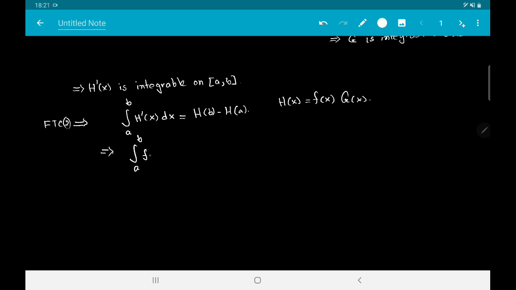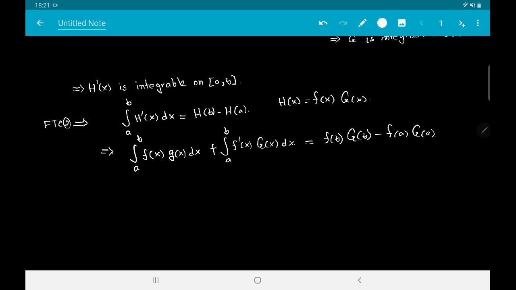This is going to be, as we have mentioned before, the integral of f(x) g(x) dx, plus the integral from a to b of f prime x times big G(x) dx, equal to h(b). What is h(b)? h(b) is f(b) times G(b) minus f(a) times big G(a).